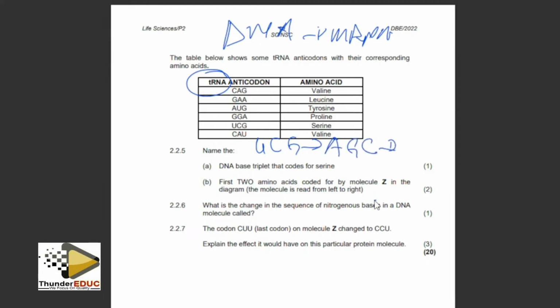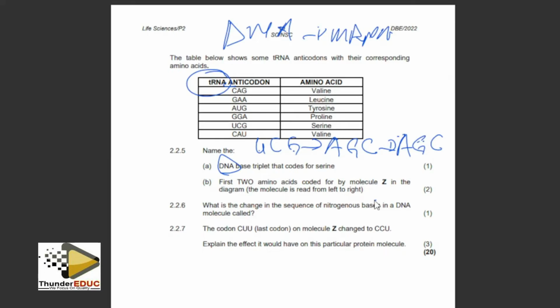Then convert it to DNA because they want DNA. How many times do you convert? It depends on what they have given you. So it's going to be TCG. Are they saying serine? Yes, that's going to be the answer.